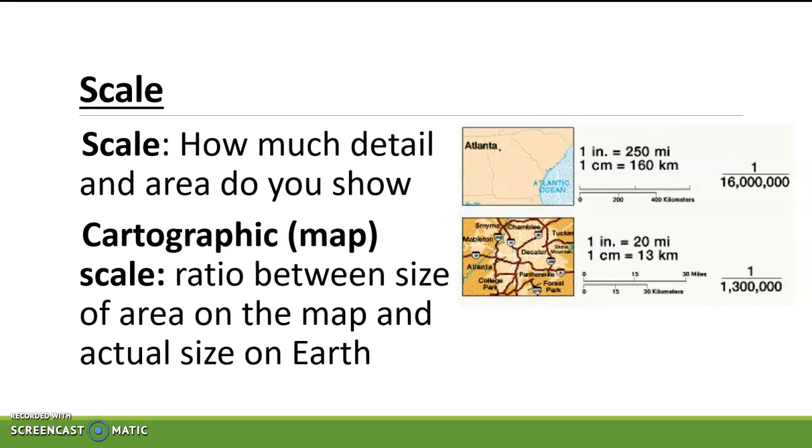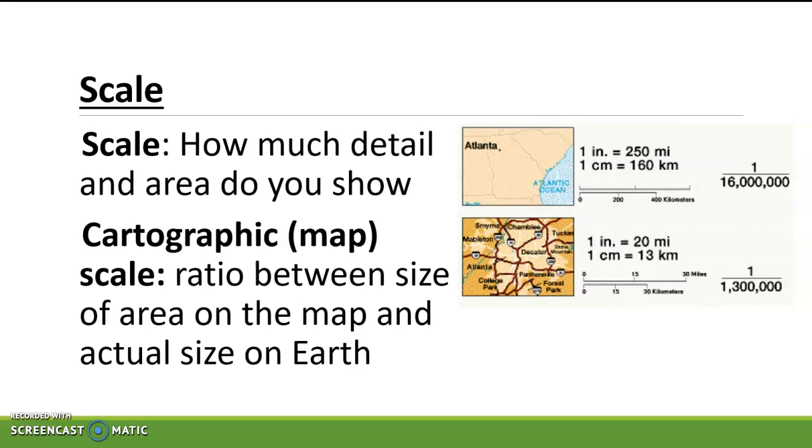When you're looking at a map, often you do it on your phone, and when you move your fingers around to look at that map, that can give you a sense of scale. When we're looking at a cartographic map scale, we're looking at a ratio between size of area on the map and actual size on Earth. The best way to explain that would be through a fraction, although you can also write this in written form, and you can read it in a ratio form as well.